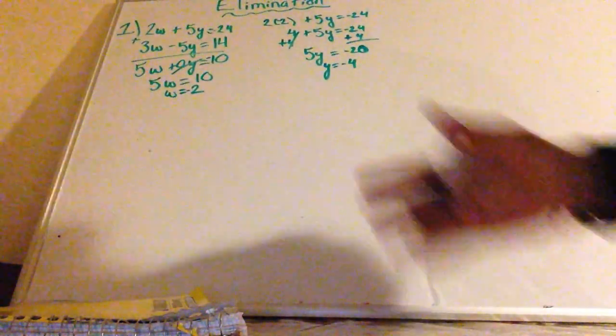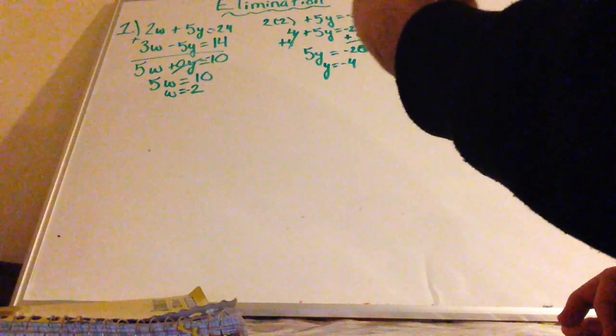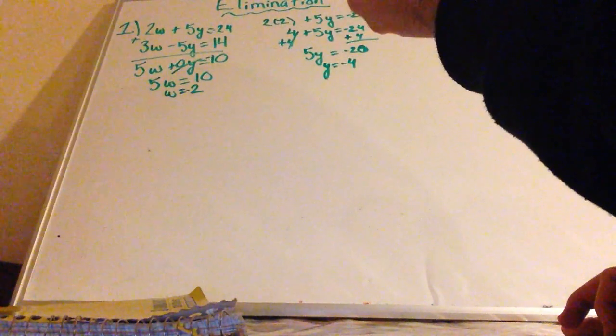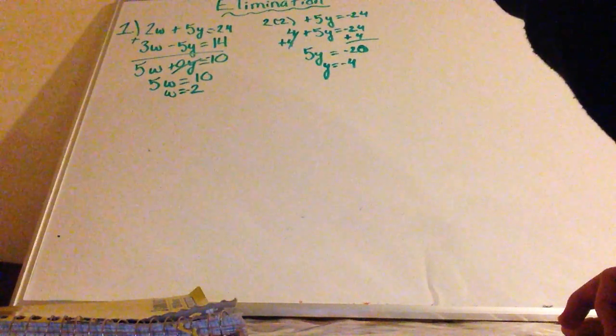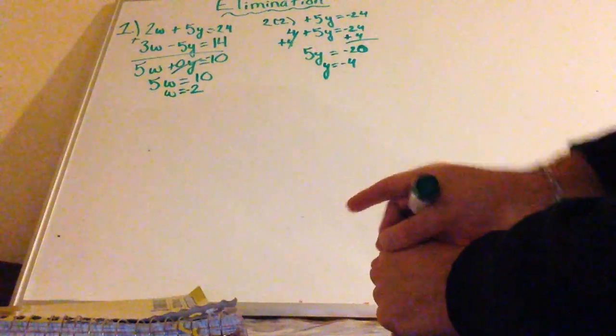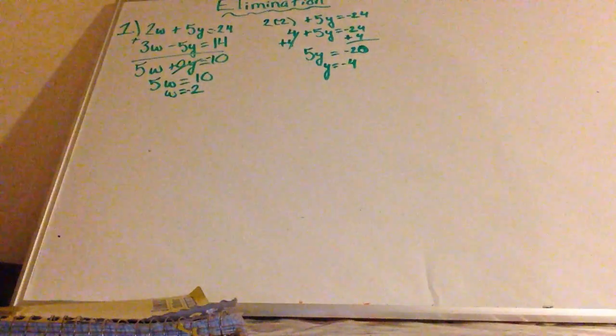You can see what we did there. We just substituted negative 2 for w. So we got 2 times negative 2, which is negative 4, plus 5y is negative 24. So we add 4 to both sides to isolate the y. We get 5y equals negative 20. Then from there we get y equals negative 4. This is a pretty simple one.